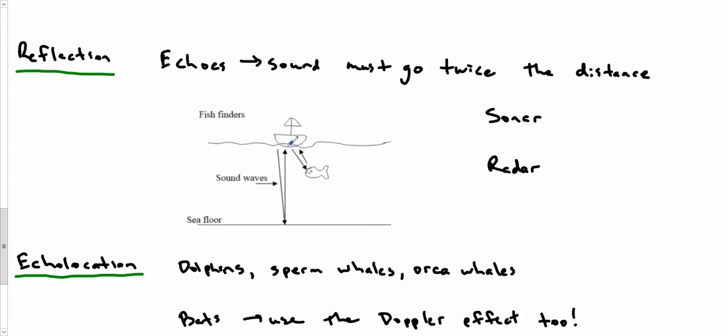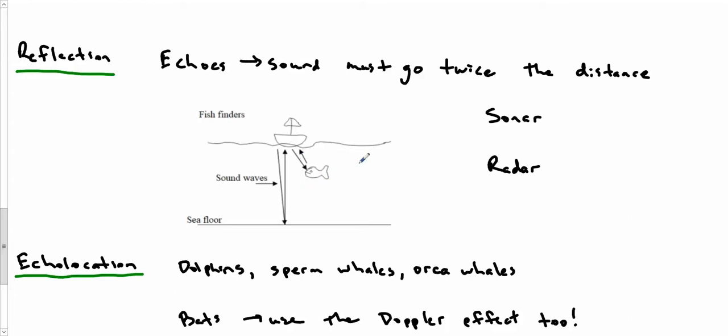And how long it takes the sound wave to leave and come back, this little fish finder machine can tell you how deep the water is. But if the sound wave goes down, hits a fish first and goes back up, then the fish finder knows, hold up, there's something blocking it. It's probably a fish.